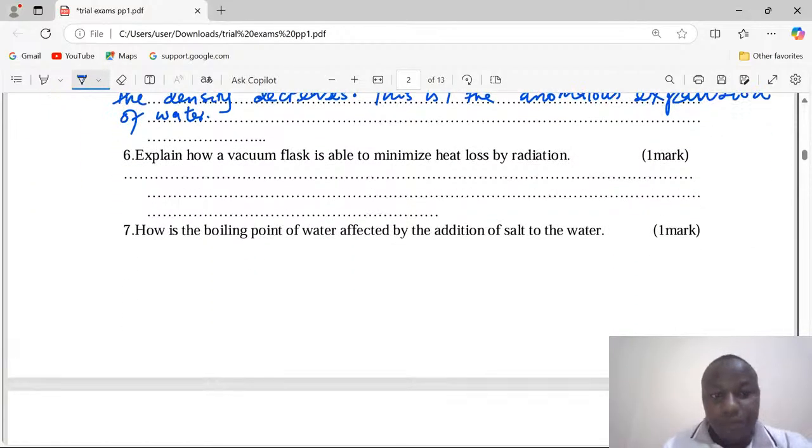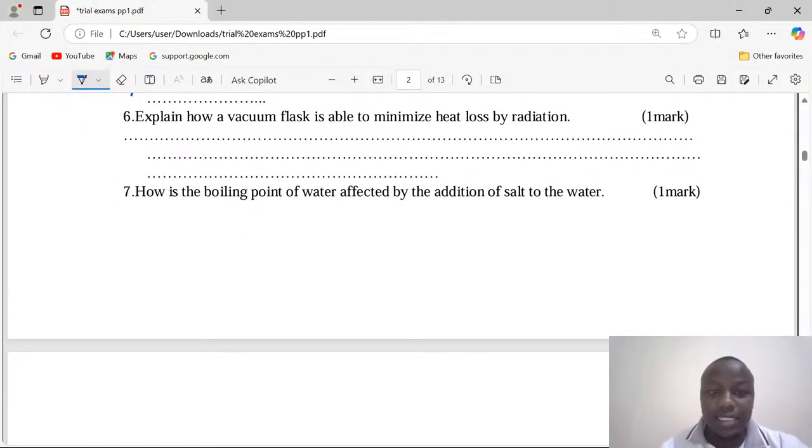Explain how a vacuum flask is able to minimize heat loss by radiation.